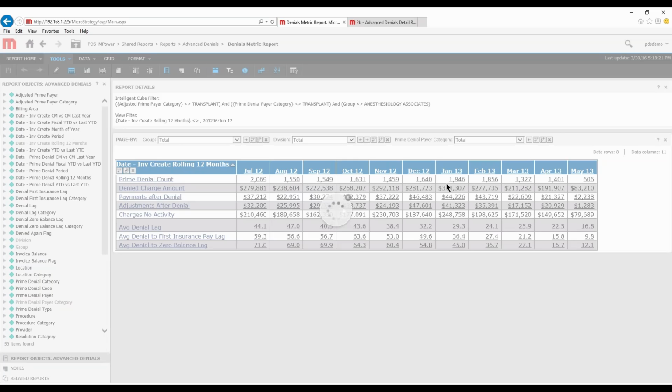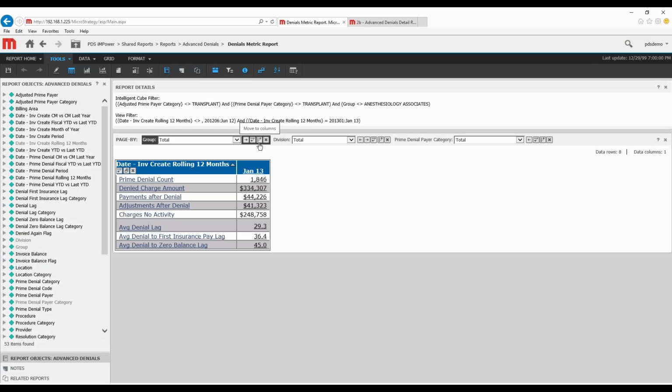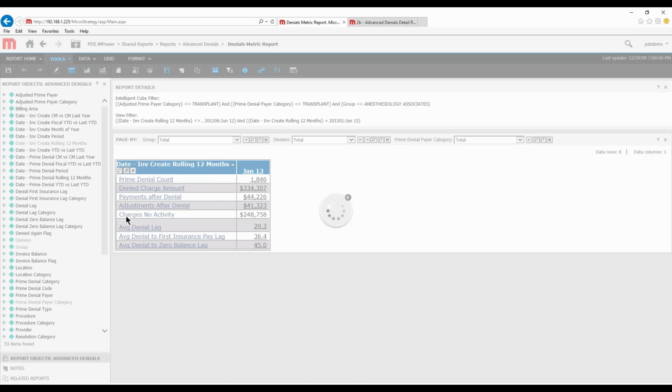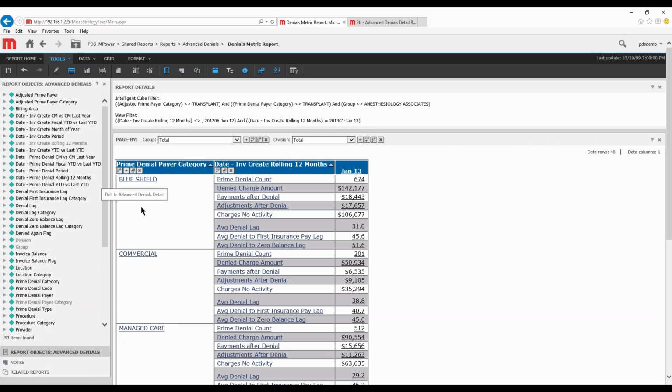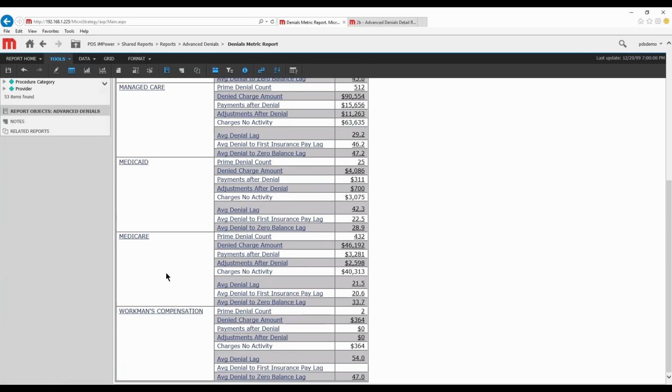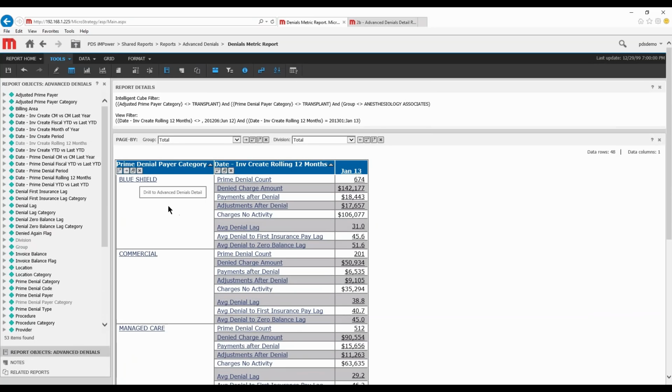So if we want to filter on that particular month and really start drilling in and trying to understand what happened, is it a specific payer issue? So we can bring the payers across and really look at individual payers or payer categories and say, okay, as we scroll through, it looks like the volume really very heavily lay in our Blue Shield payer.